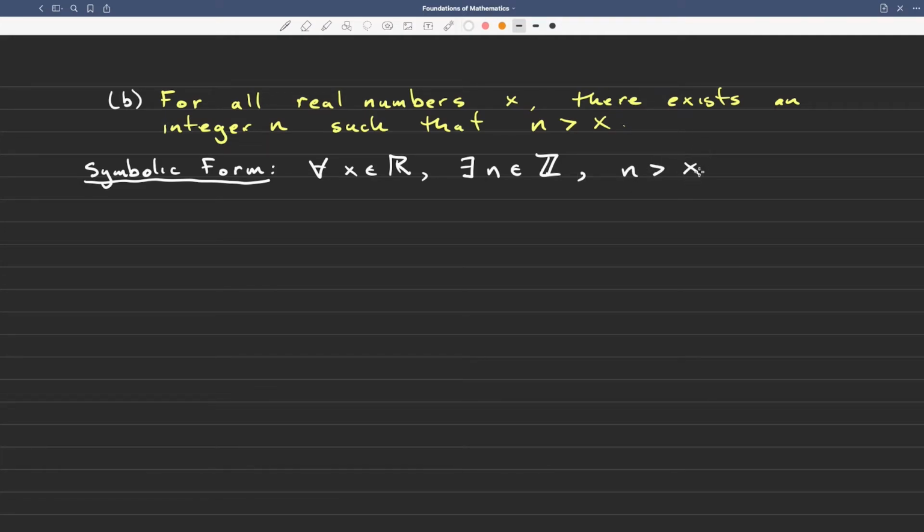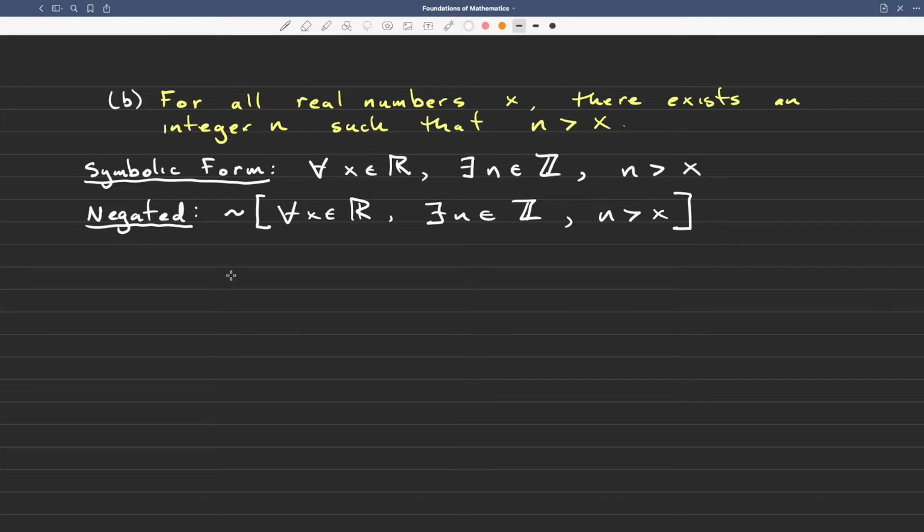Okay, so now I want to negate this. I'm going to show you that you can do this in sort of a two-step motion. So if I want to negate all of that, in this first step I'm not really going to do anything but use some grouping symbols to make something very explicit. I could think of it this way. For every x in the reals, comma, and then I've got this, there exists an n in the integers such that n is greater than x.